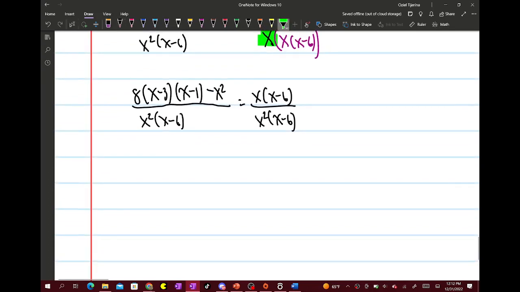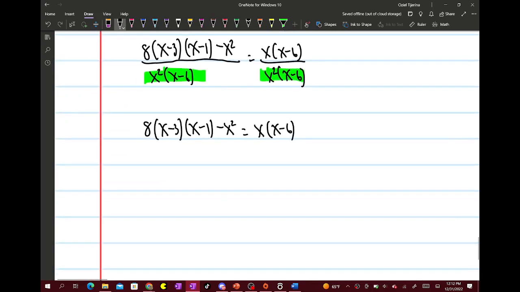And now, because they have the same denominator, you can set the numerators equal to each other. So we have 8 times the quantity (x minus 3) times (x minus 1) minus x squared is equal to x times (x minus 6), right?